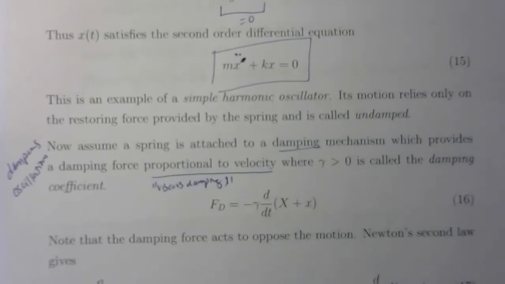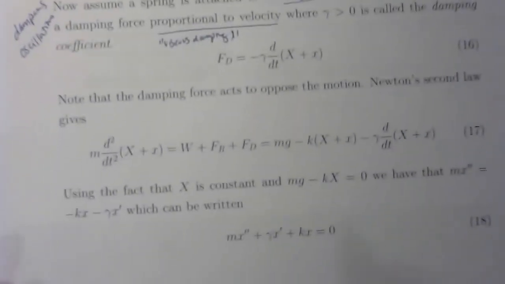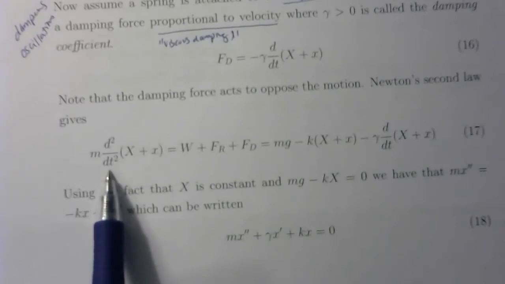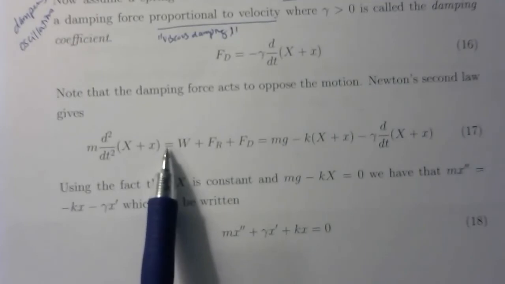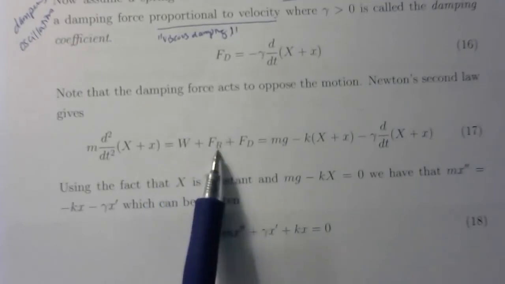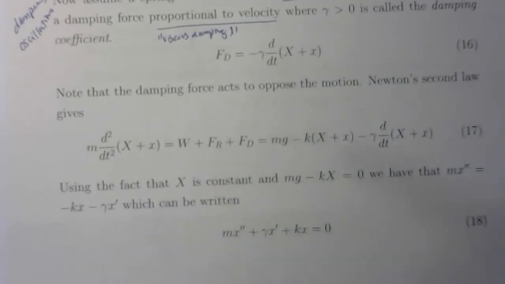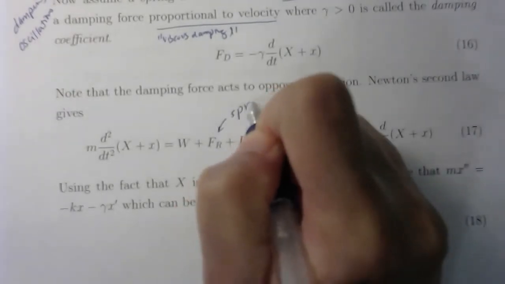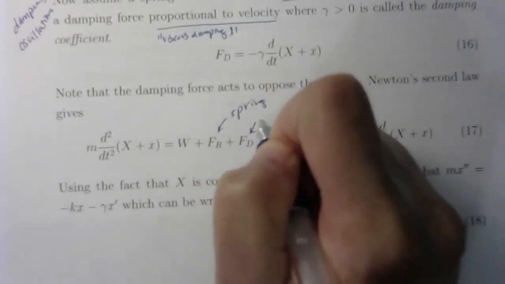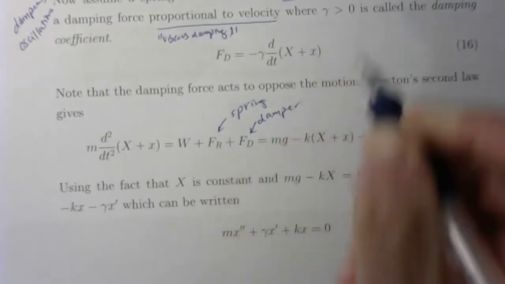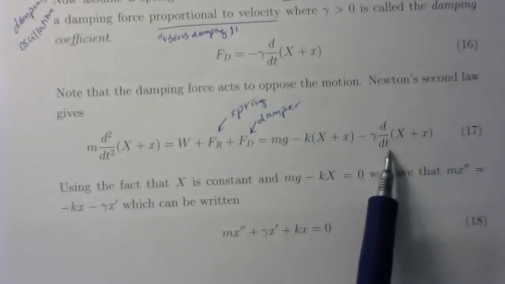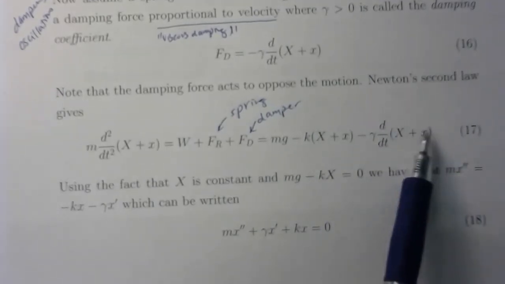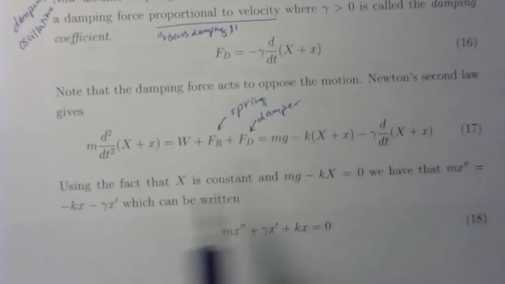So if I add this into our Newton's second law equation, now we have equation 17. I have m times the second derivative of the displacement equal to the sum of the forces. The forces are now weight, plus the restoring force provided by the spring, plus the damping force provided by the damper. So the weight is mg, minus k(x plus capital X) is the restoring force, and minus gamma d/dt of (x plus capital X) is the damping force.